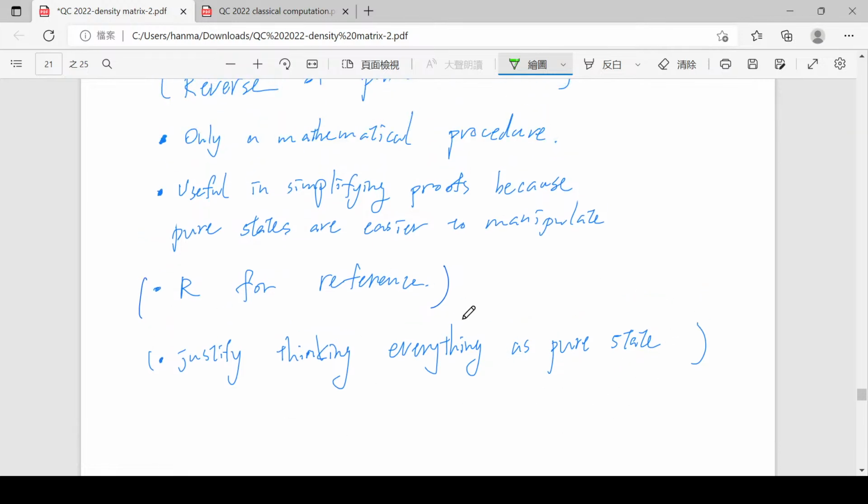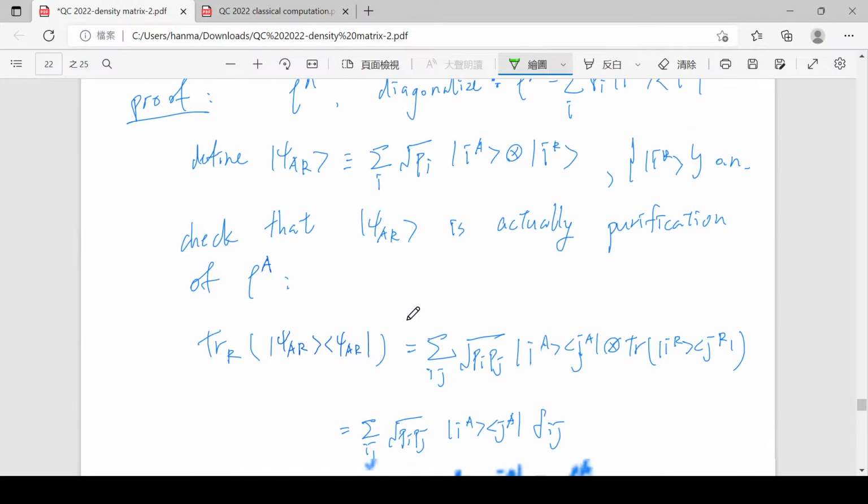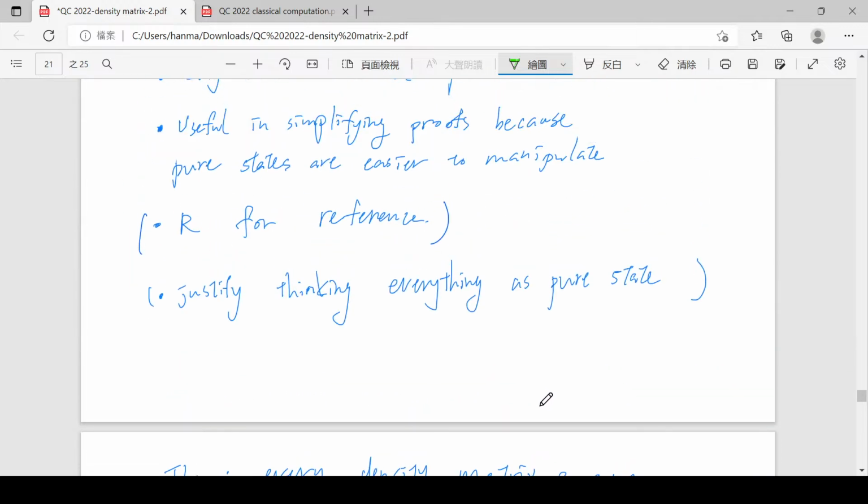You only need to know the purification exists, and you can think of everything as a pure state on a bigger space.